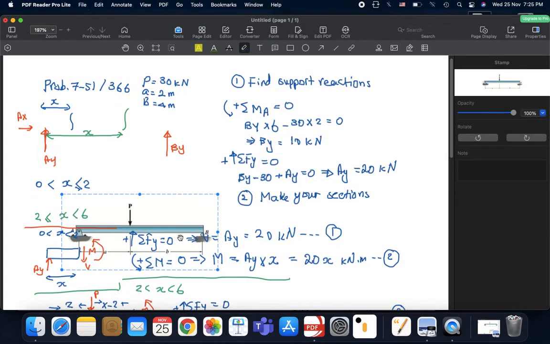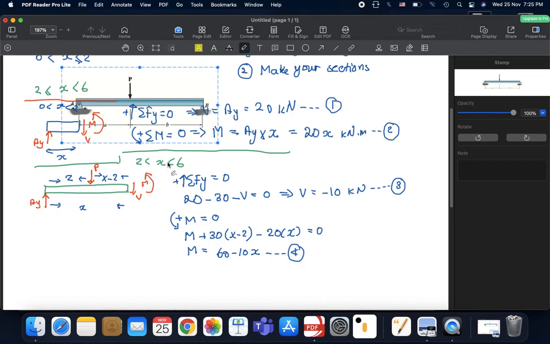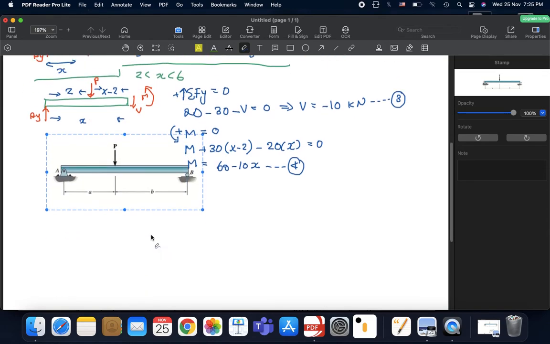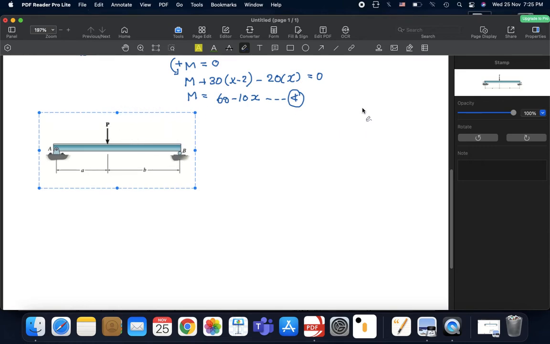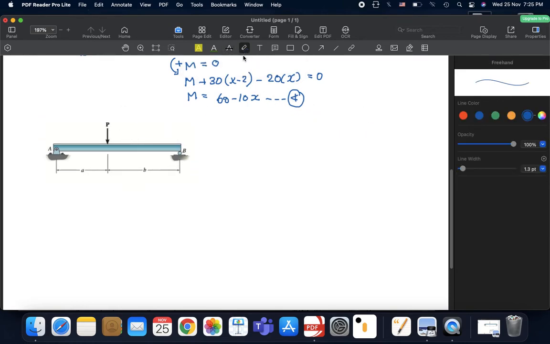I'll just move this one here so you can actually use it to draw our diagrams. Now, this is V in newtons or kilonewtons, I assume kilonewtons.